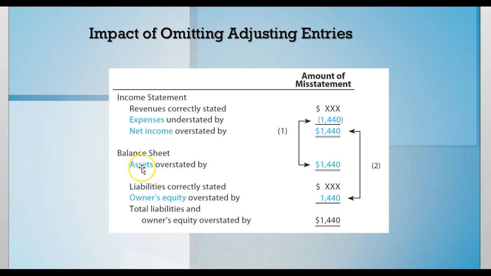If I look at the balance sheet, the assets would have been overstated because we would have had too much money in the prepaid insurance and too much money in supplies, which then would have made my owner's equity overstated. So you can see, just by not doing the adjustments, you can really mess up the financial statements, both income statement and balance sheet.